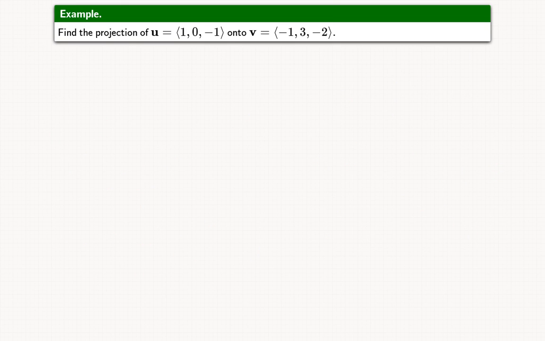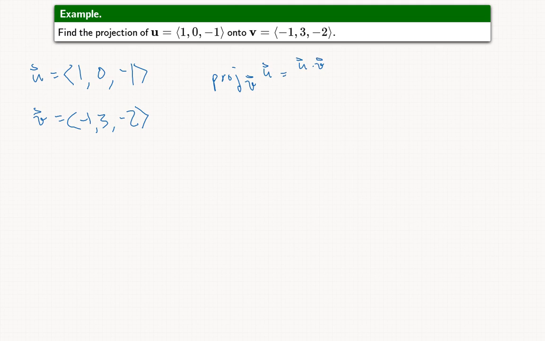So for example, let's say we're asked to find the projection of u equals (1, 0, negative 1) onto v equals (negative 1, 3, negative 2). So our formula is proj sub v of u is u dot v over v dot v times v.